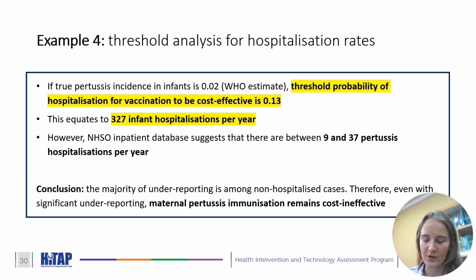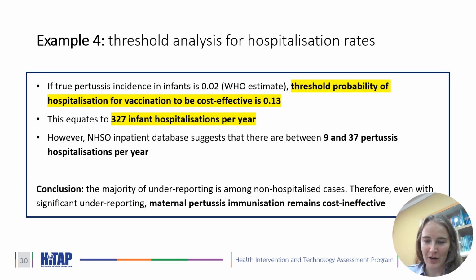And we said, okay, if this is the true incidence of pertussis in Thailand, we have data from a national hospital database on how many infants are being hospitalized for pertussis each year.